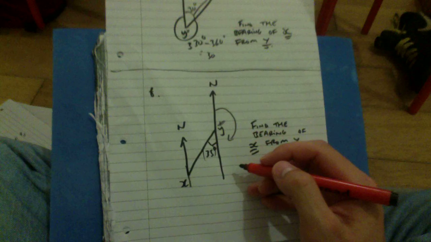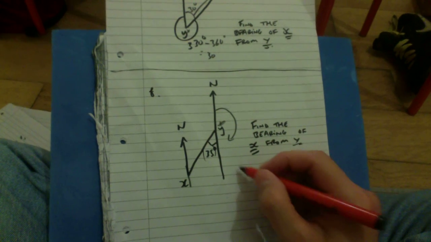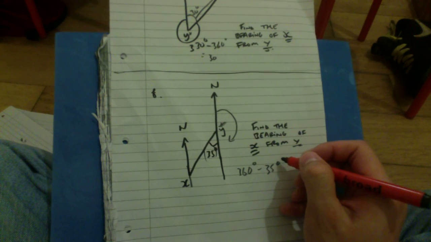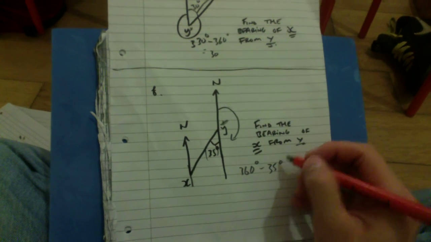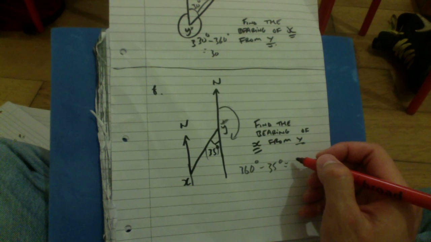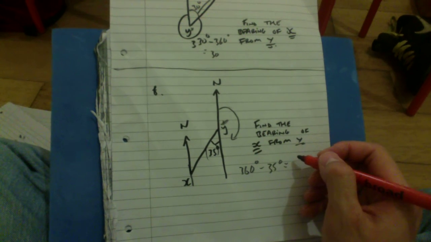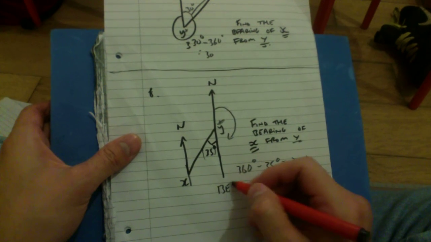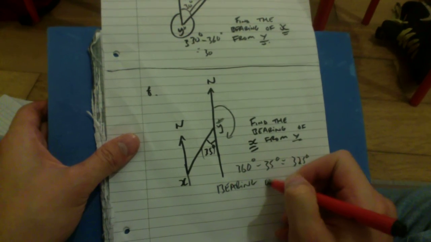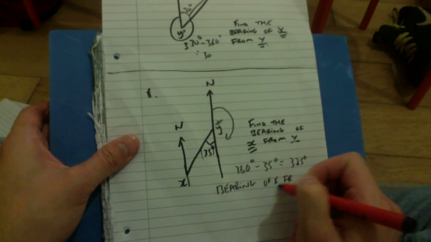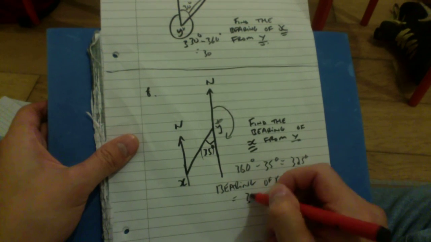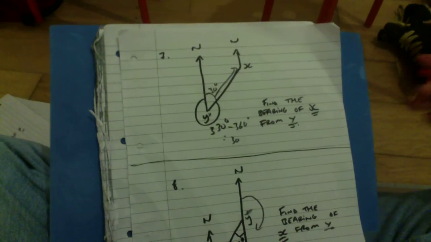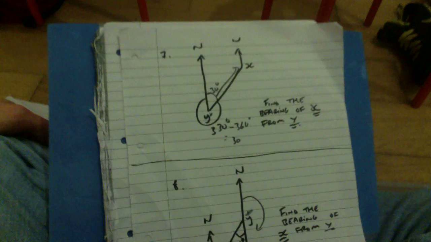So all we need to do is 360 minus 35 degrees, which will give you 325 degrees. So the bearing of x from y equals 325 degrees.